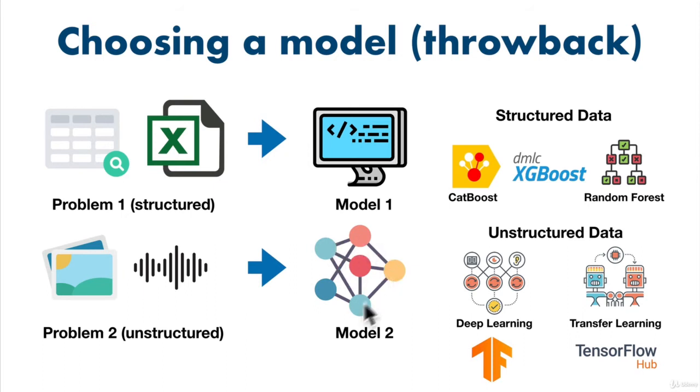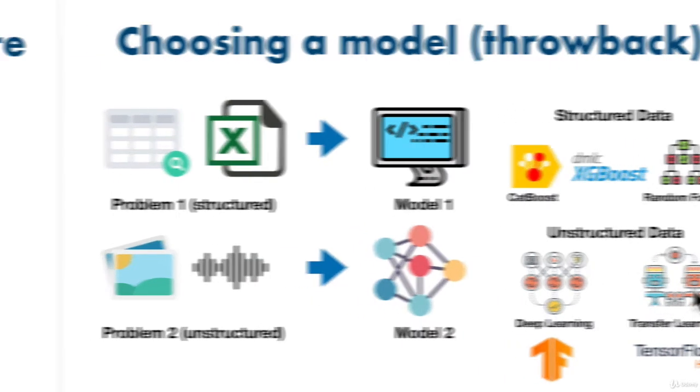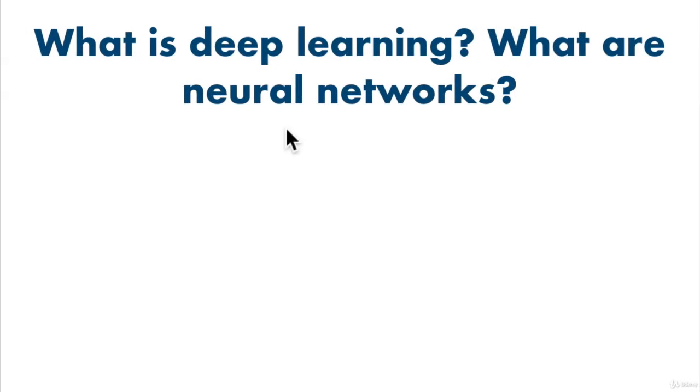This is kind of what you'll see if you Google up neural network. And now, these type of models, deep learning and transfer learning, work much better on unstructured data like we've just talked about. And so TensorFlow is what we can use to build deep learning models. And TensorFlow Hub is where we'll be going to use transfer learning, aka taking what one model knows and using it in another model.